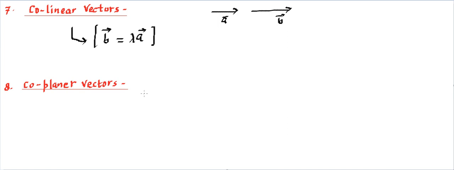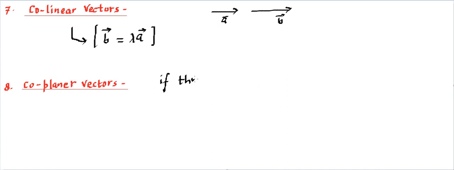Hence the condition for coplanarity will be needed for more than two vectors, right? So when more than two vectors lie in the same plane, we call them coplanar vectors. So let me write in short. If two or more than two vectors are always planar, so we can write simply as this.